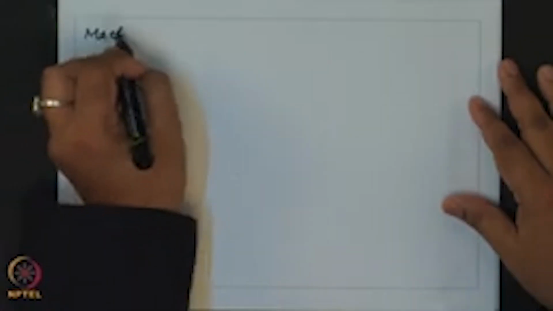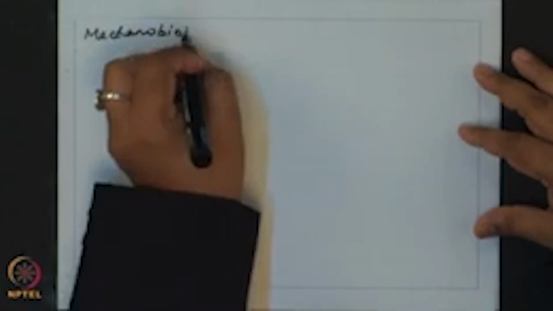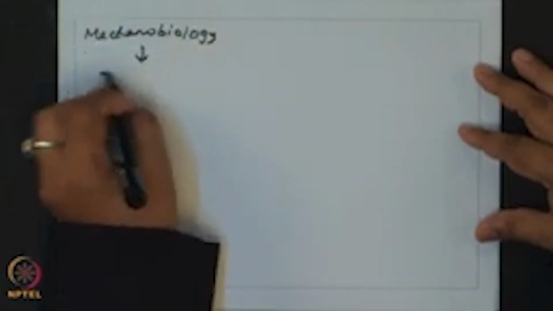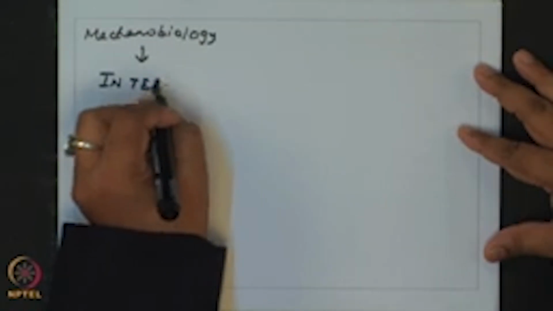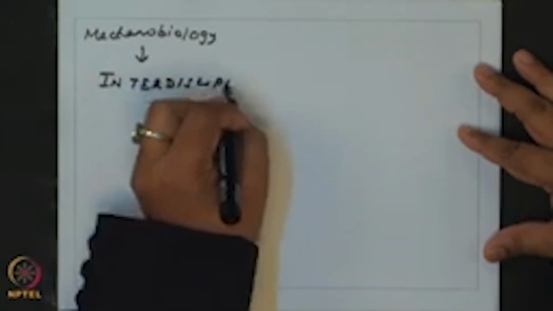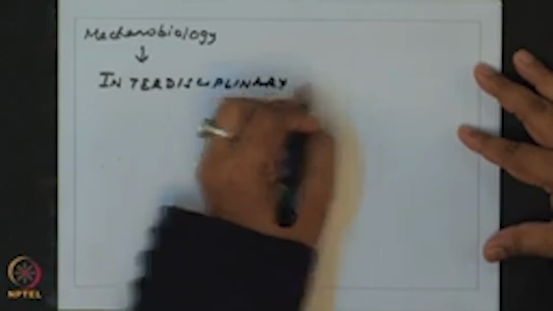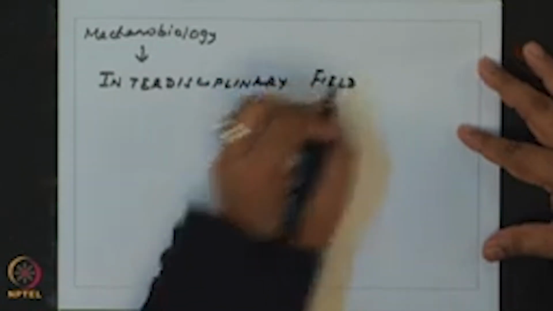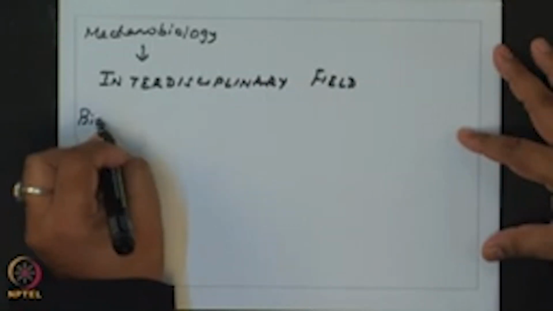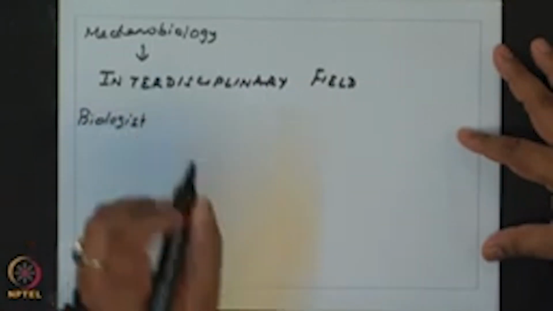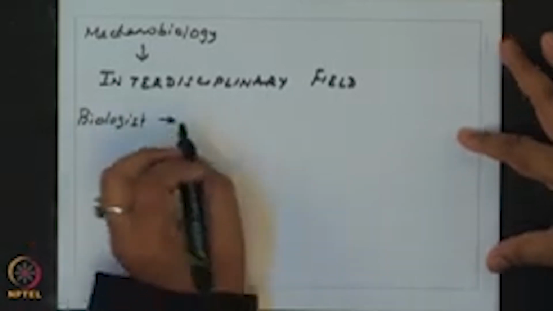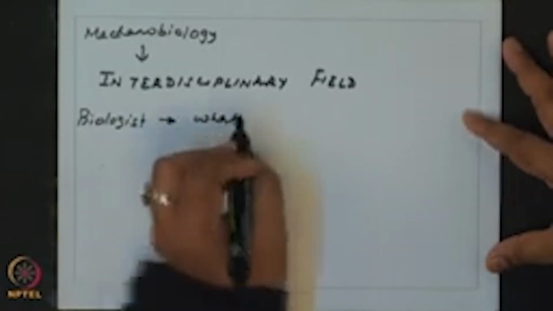So, in a nutshell, mechanobiology is an interdisciplinary field. For a traditional biologist, the question of relevance might be what molecules are at play.